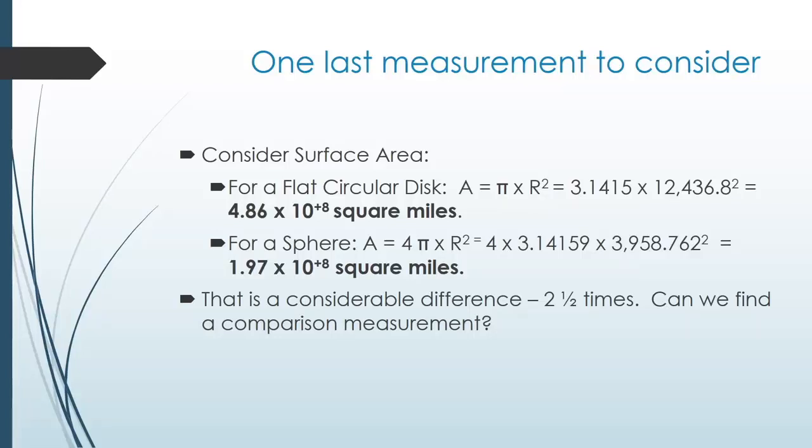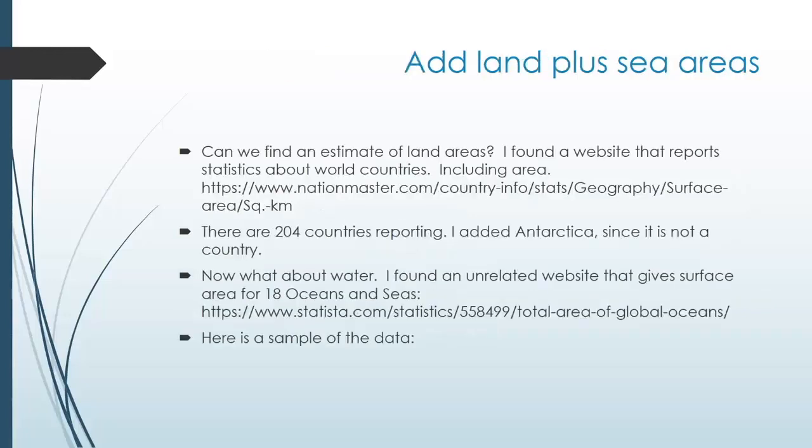So now what I needed to do is find some way that I can compare those two numbers with some sort of reality. So I needed to find a comparison measurement. The surface area of the Earth is made up of land and water. So I found a website that reports statistics about world countries, including area.